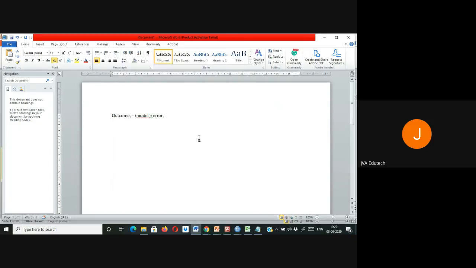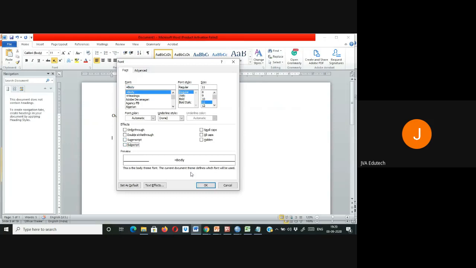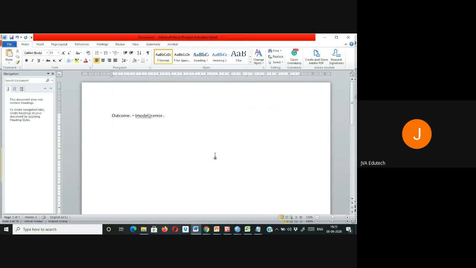So in a nutshell, every outcome is equal to model plus error, and if we further define it in the form of correlation, our outcome is equal to b x i plus error of the ith term, right?